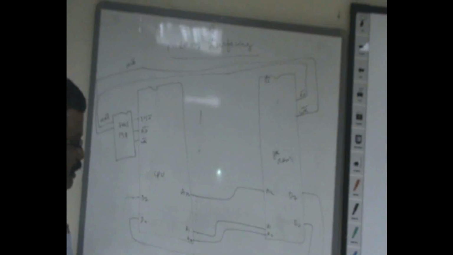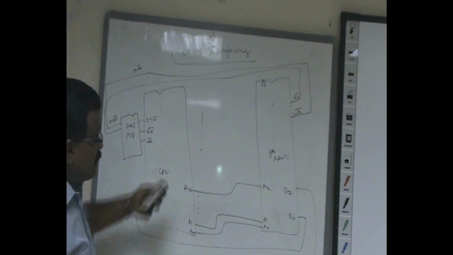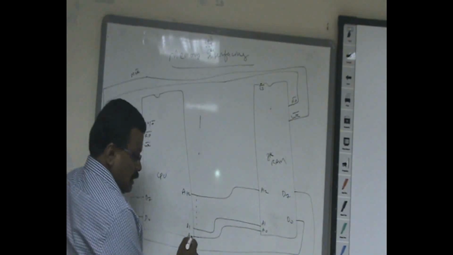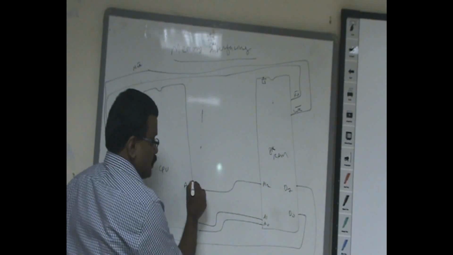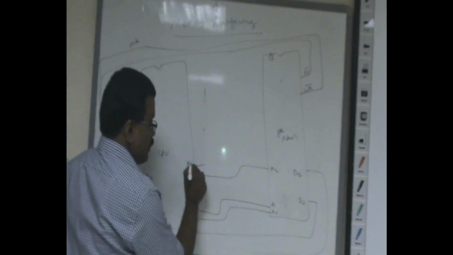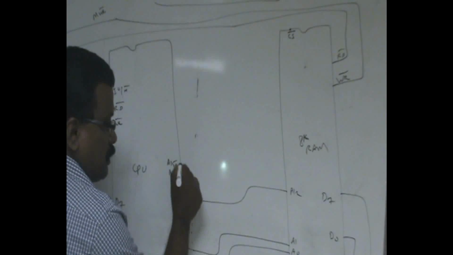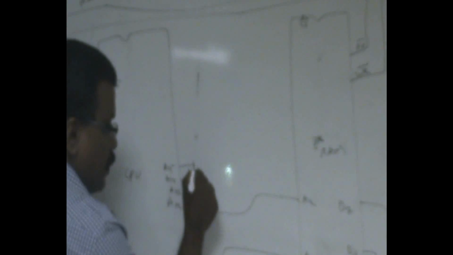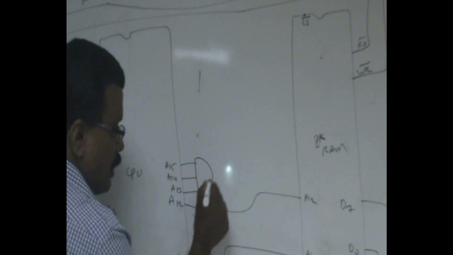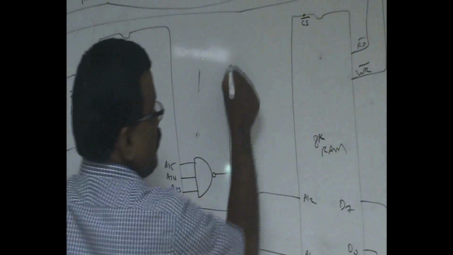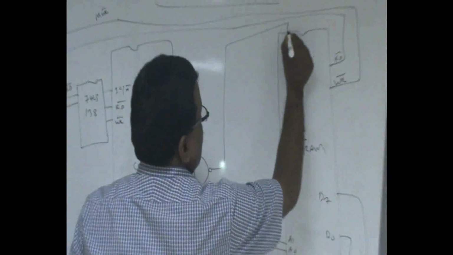So for designing this chip select signal, the extra address lines can be used. Here you see you have A13, A14 and A15. This is what they call a decoding logic. I can use one NAND gate, and this can be connected with this chip select signal.